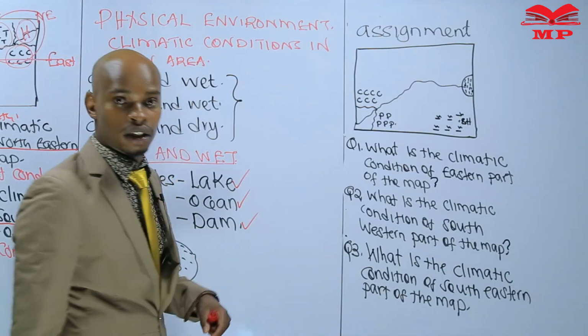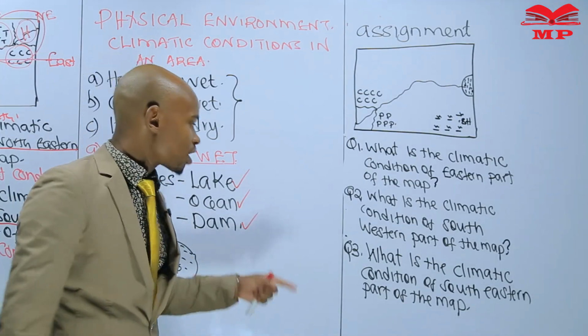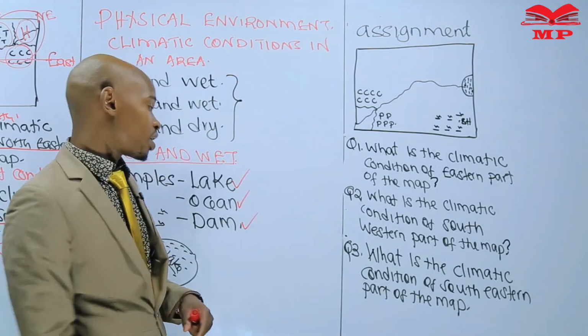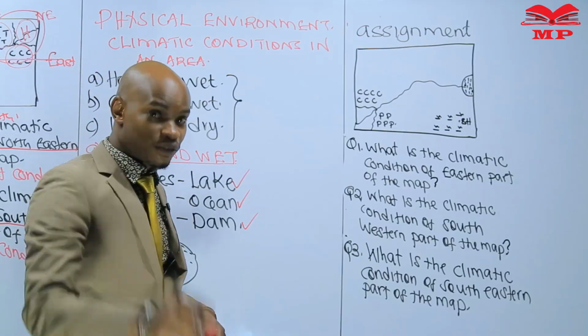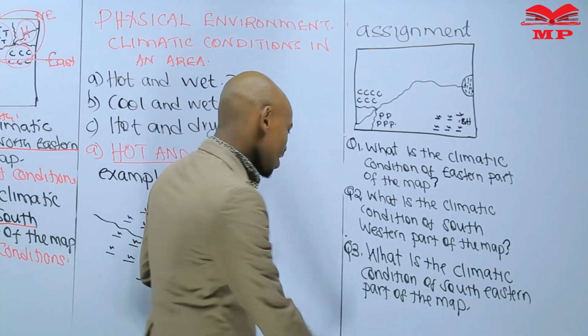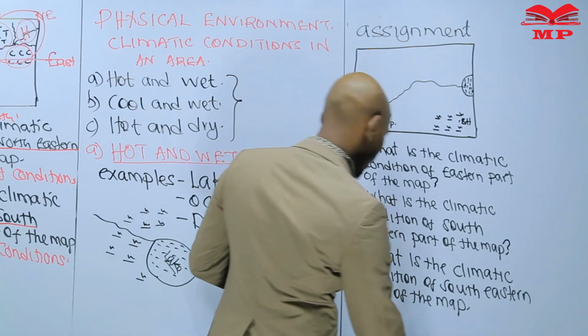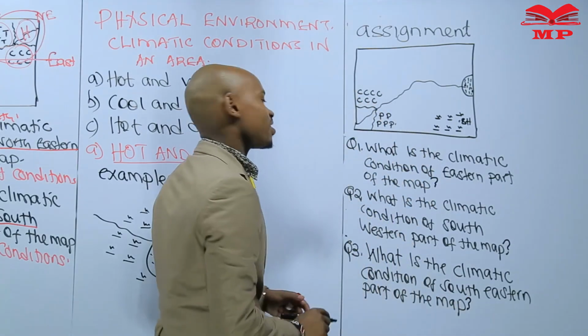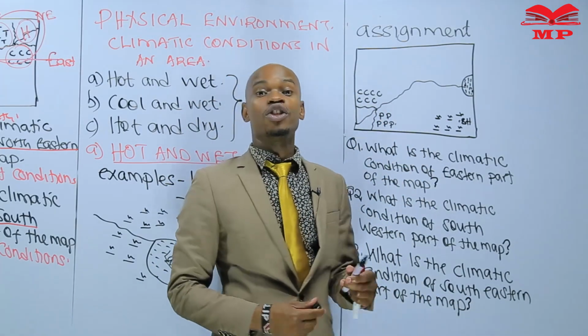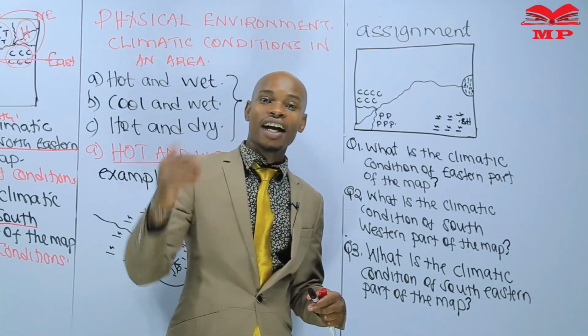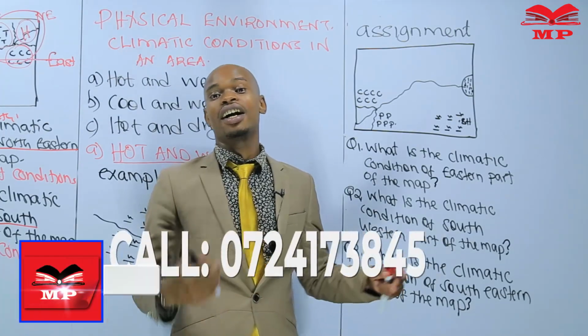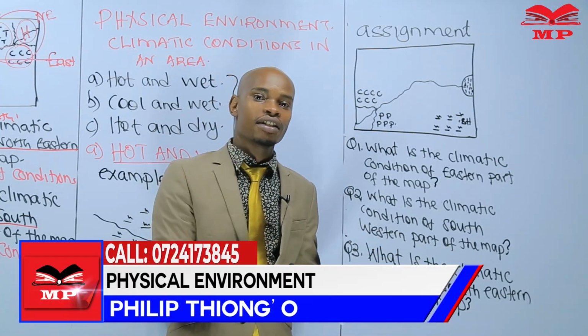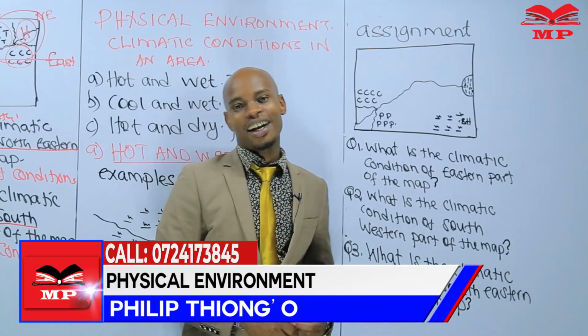Okay, collect the evidence from southwestern. Let us know which climatic condition. We are waiting for your answers. What is the climatic condition of the southeastern part of the map? And it is very, very simple. And if you did not understand, rewind, go back and understand what evidence support what climate.